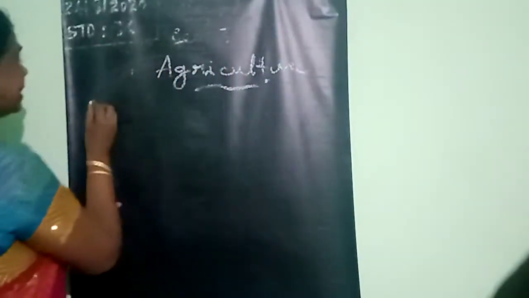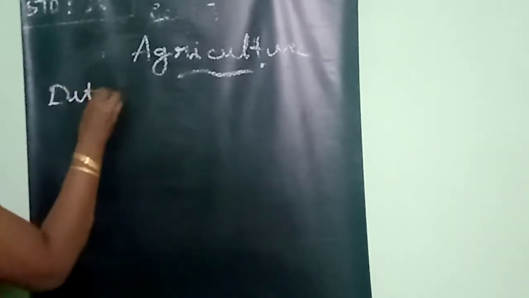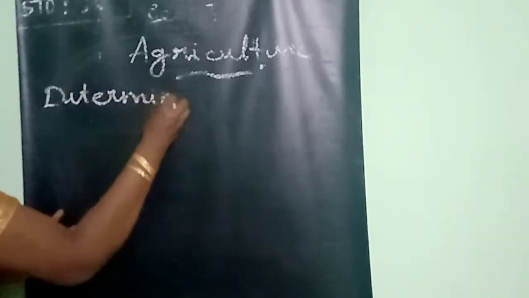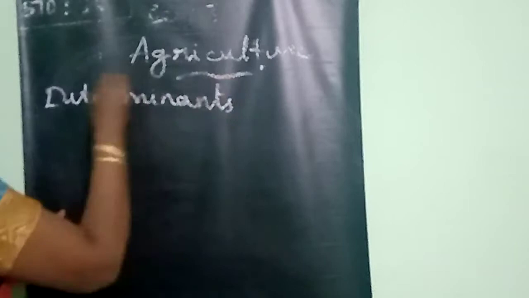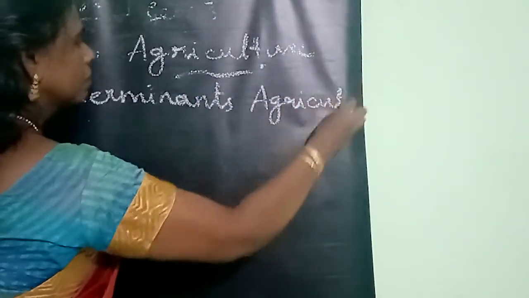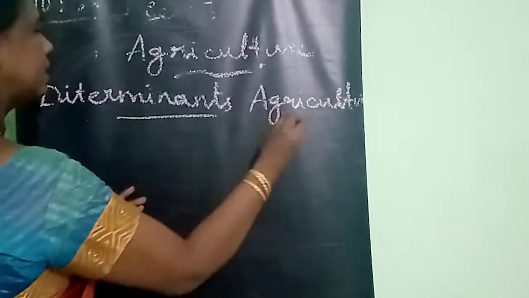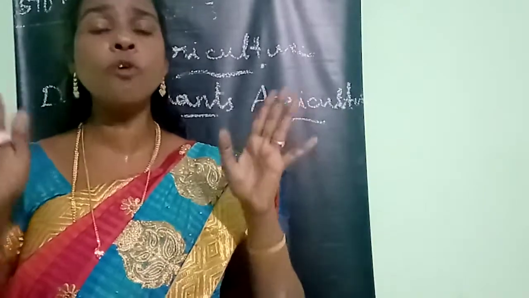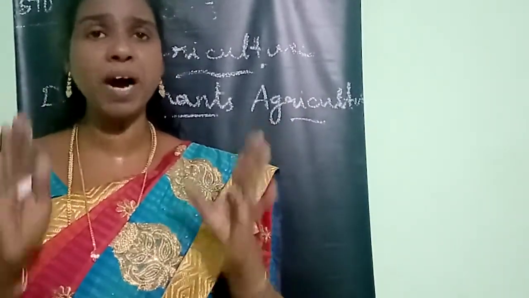First of all, I am going to explain the determinants of agriculture. Agriculture in India is determined by 4 main factors.